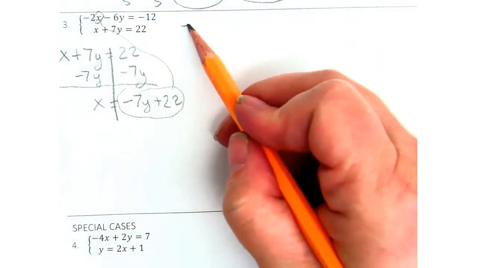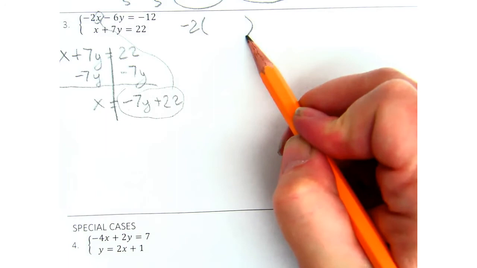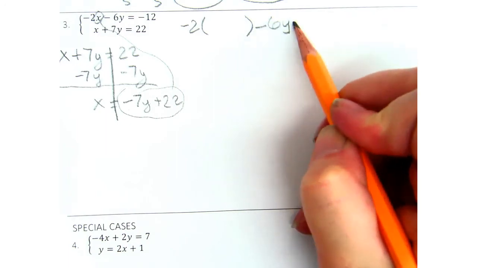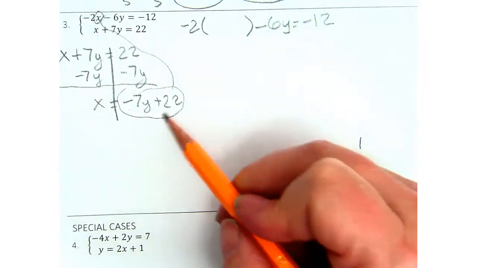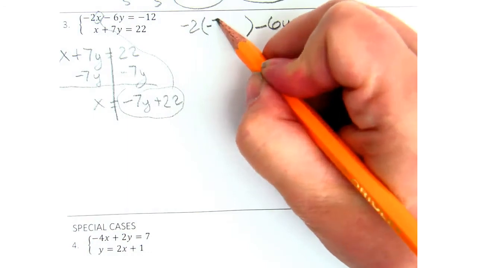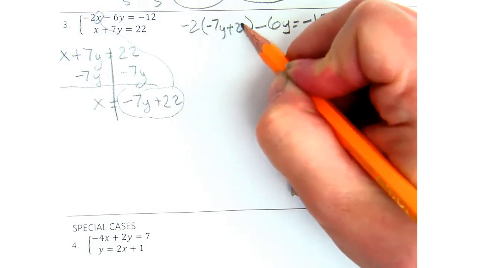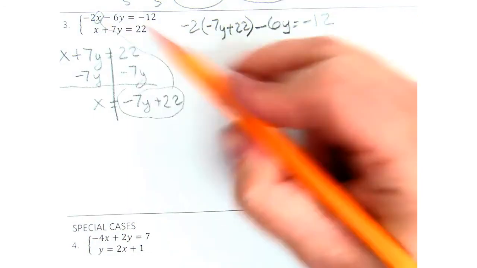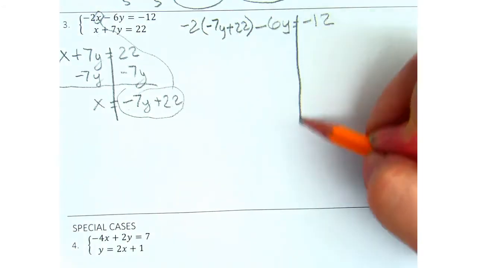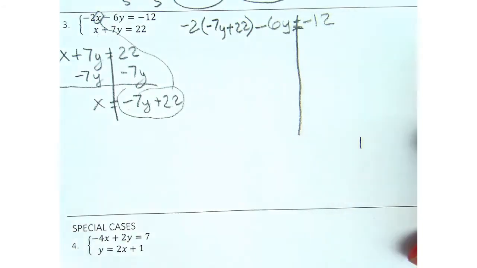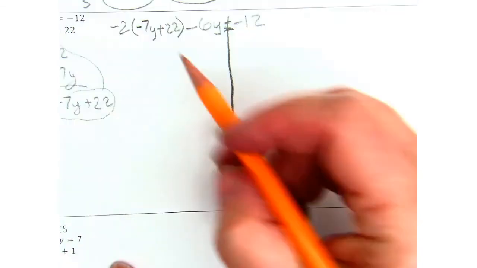Rewrite the other equation with a parenthesis instead of the x. Fill in -7y plus 22 into the parentheses. Solve for y. Distribute.